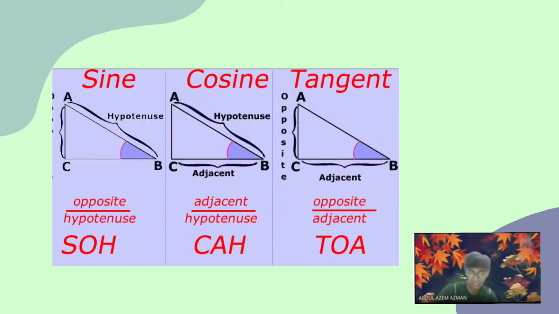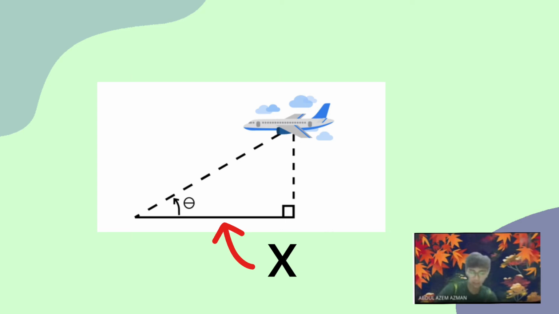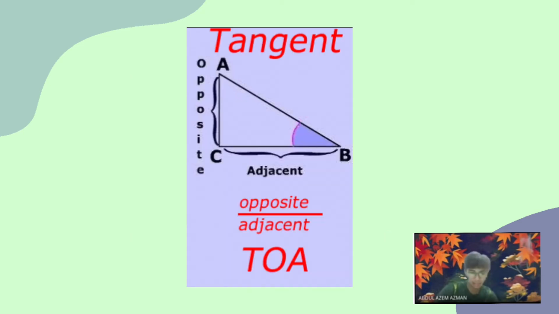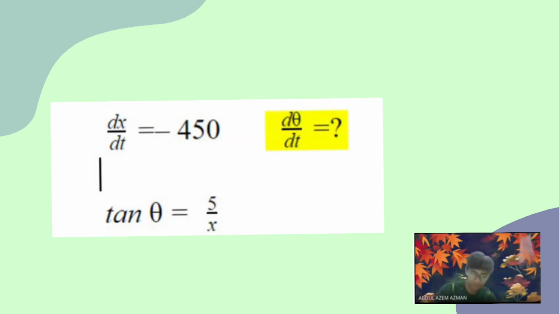So first things first, we need to use the trigonometry method. To find x, the adjacent, we must use the TOA method, which is tan theta equals the opposite over the adjacent. The opposite is 5 km and x is unknown.